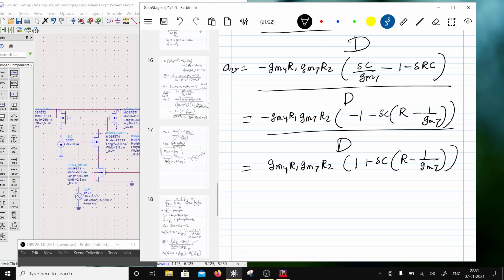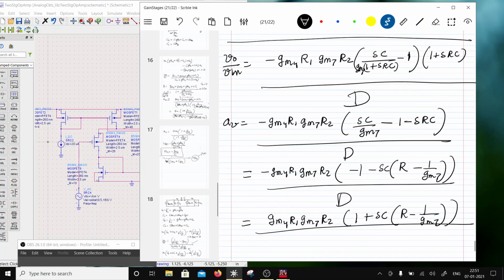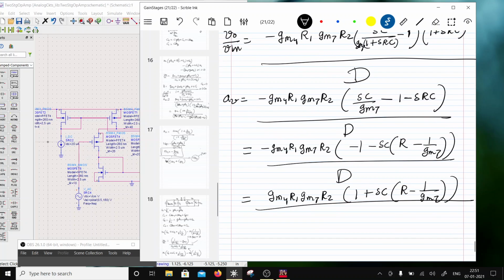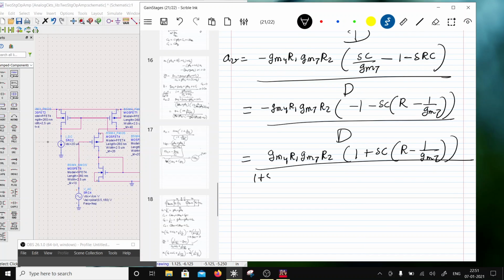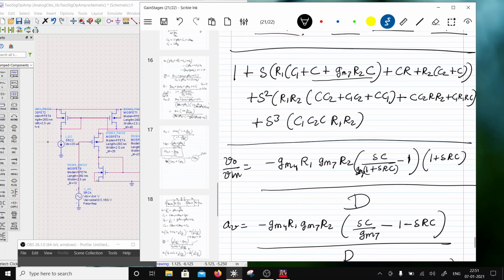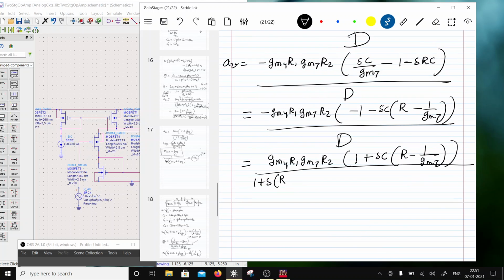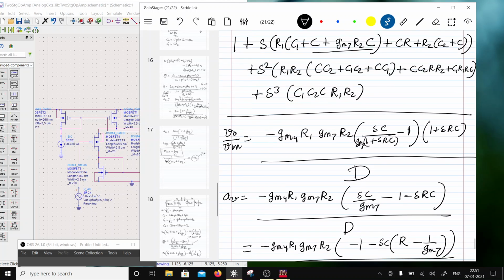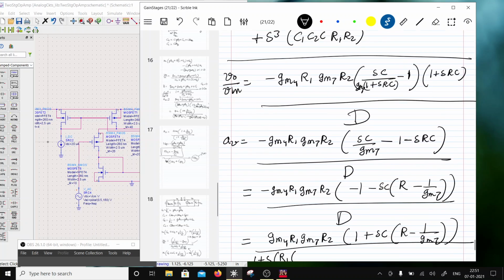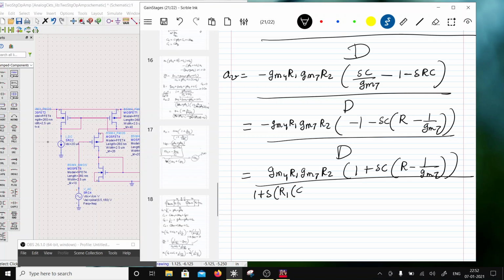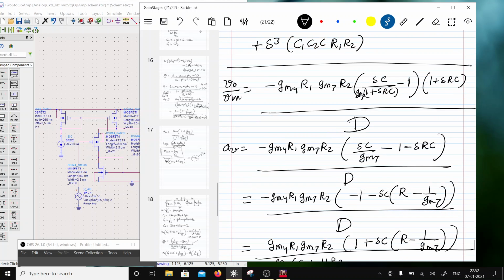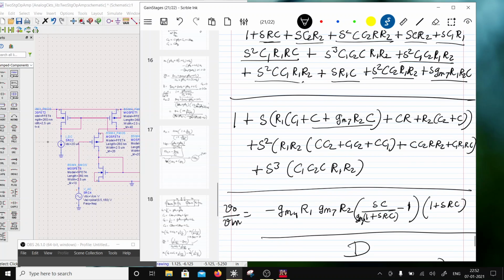Correct. Now let's put the denominator. So the denominator is going to be this big term, so I'm going to write very small, 1 plus S times of R1, right? So this is the pole because of the input, which will be C1 plus 1 plus AV, right? 1 plus AV is going to be R1 GM4, isn't it?